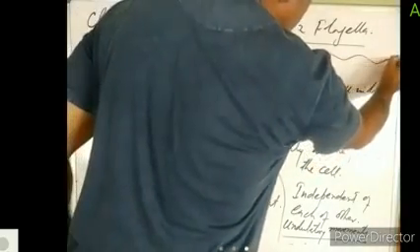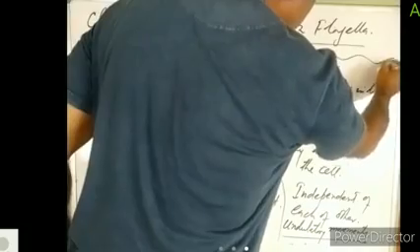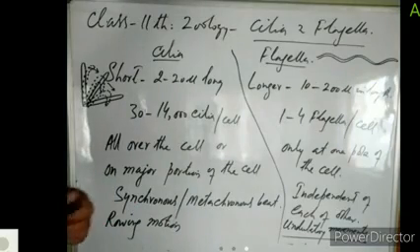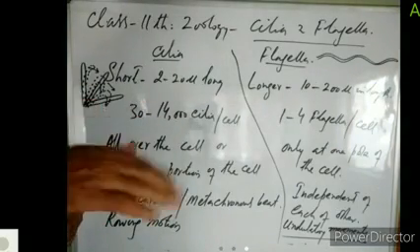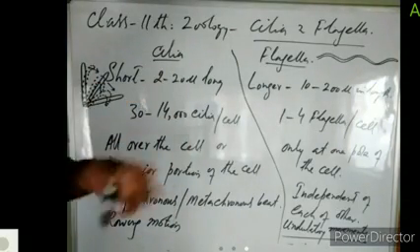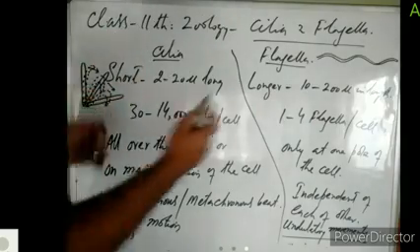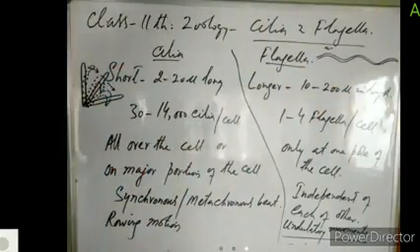Each flagellum is thrown into a series of waves, producing a trough and a crest. These troughs and crests push against the water and propel the cell. So these are some differences between cilia and flagella.